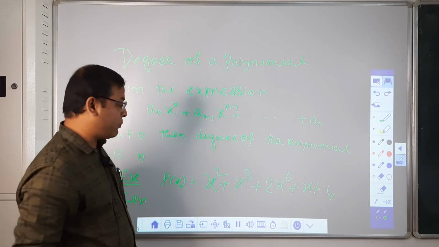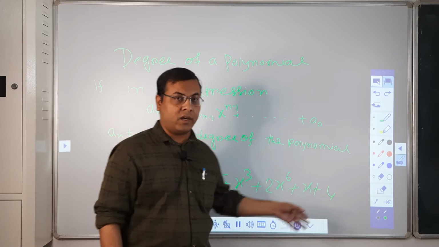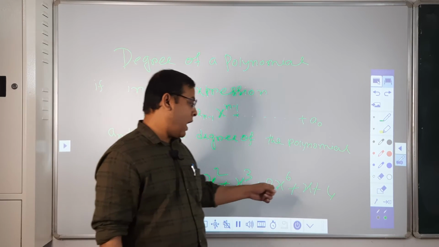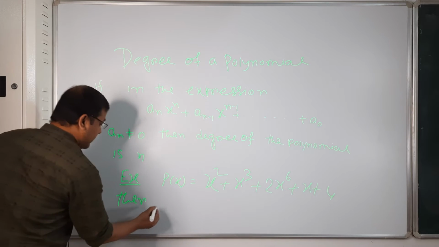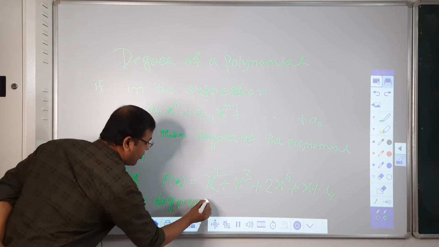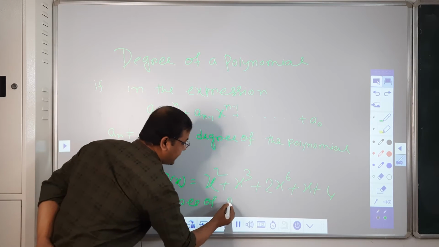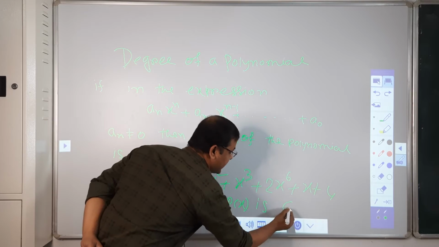The degree of the polynomial is 6, because in this expression we see that the highest power of x is 6. So the degree of px is 6.